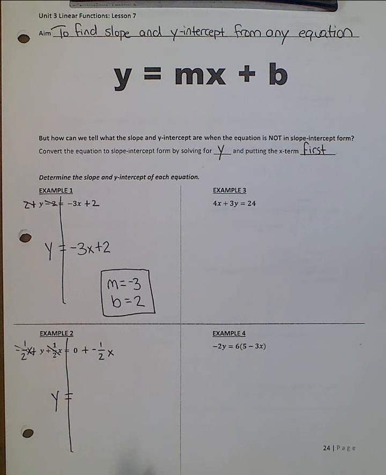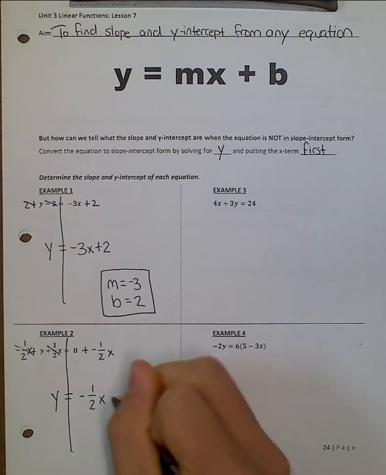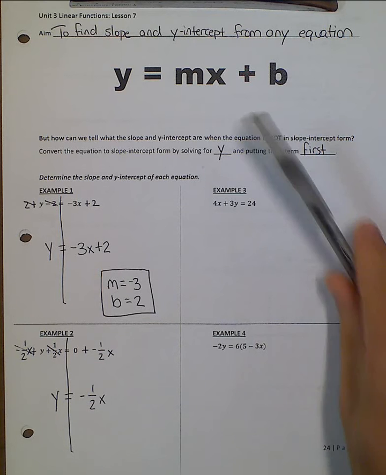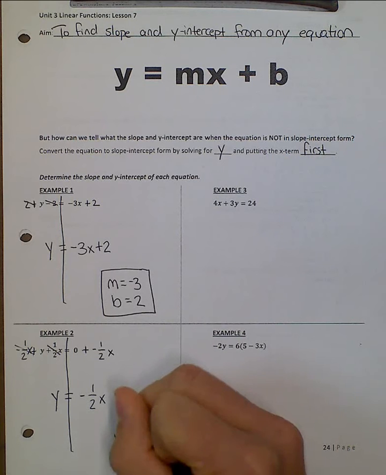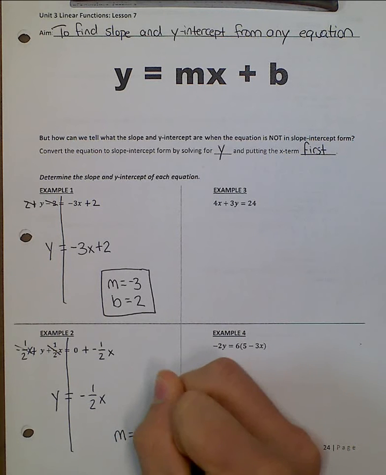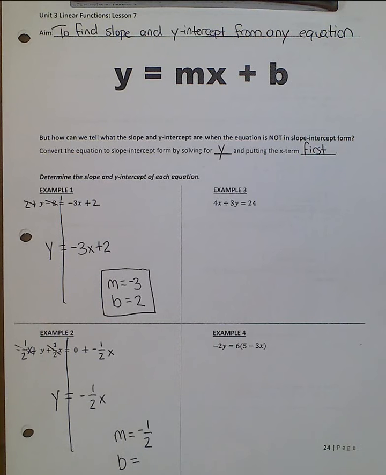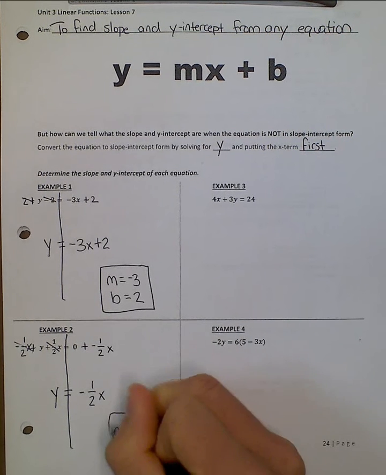So I can rewrite this as negative 1/2 x plus 0, which I don't really need to write. Now I can see from my equation in slope-intercept form, my slope is negative 1/2. And when I don't see the y-intercept, that means it's equivalent to adding 0.